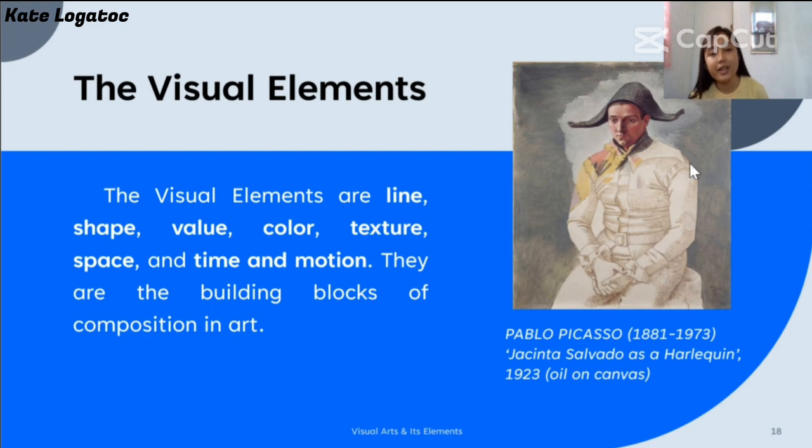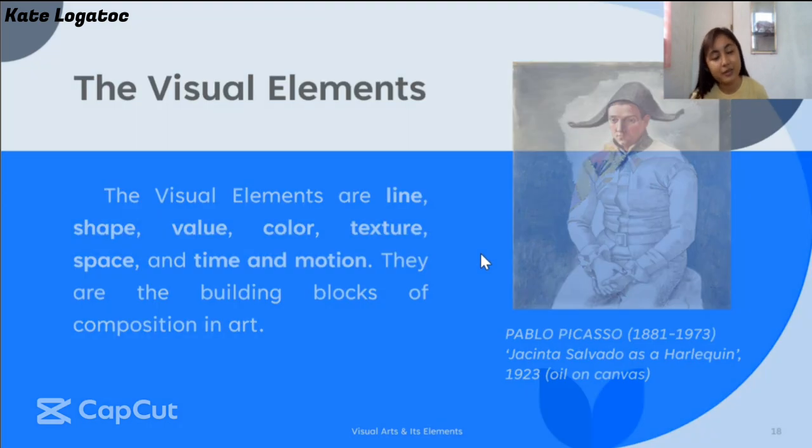So understanding visual elements will help us see this painting in a lot more detail rather than just focusing, for example, on his facial expression, like why does he look so sad and stuff. So understanding visual elements, you will learn to look at a work of art through the artist's eye.